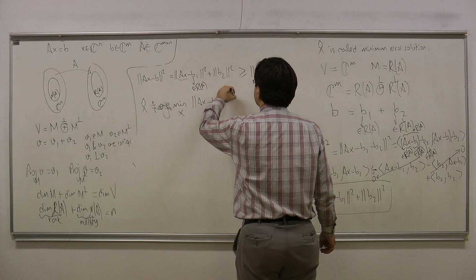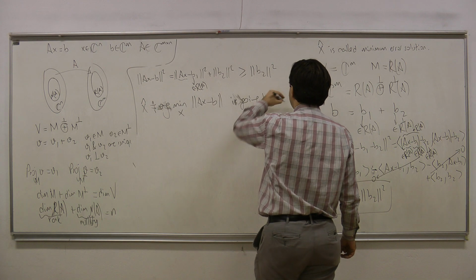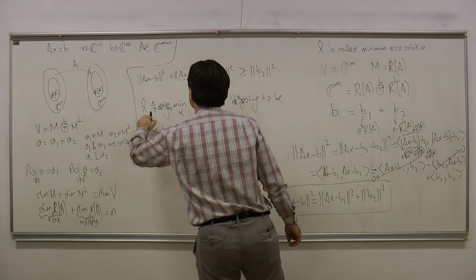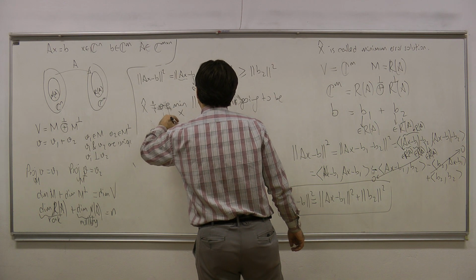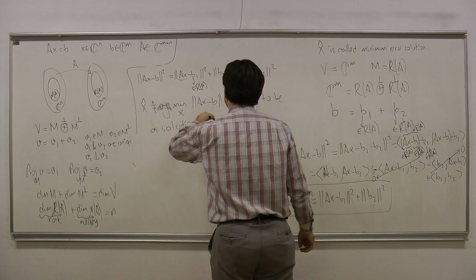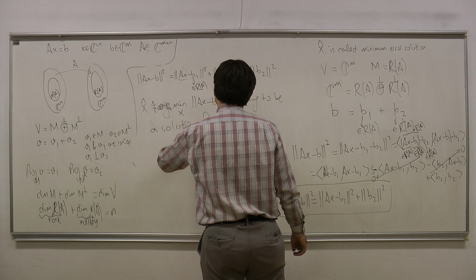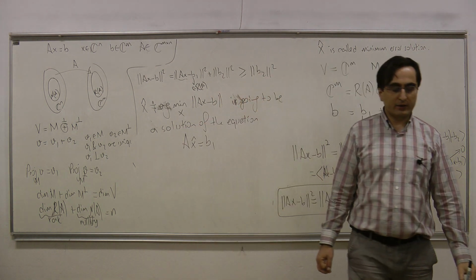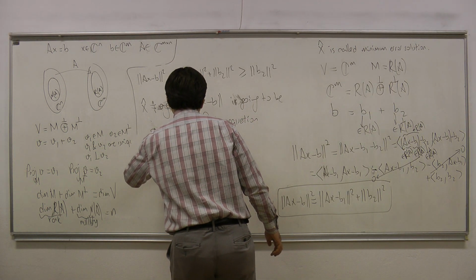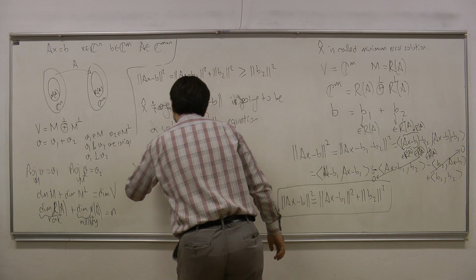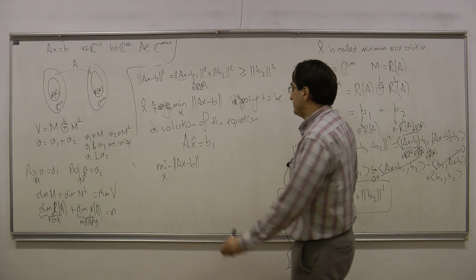It is going to be the solution, or a solution, let us say, because there might be many solutions, of the equation ax set equals b1. Okay? This is my x set. And what about the minimum value of ax minus b with respect to x? This is going to be the minimum value, which is b2 norm square.